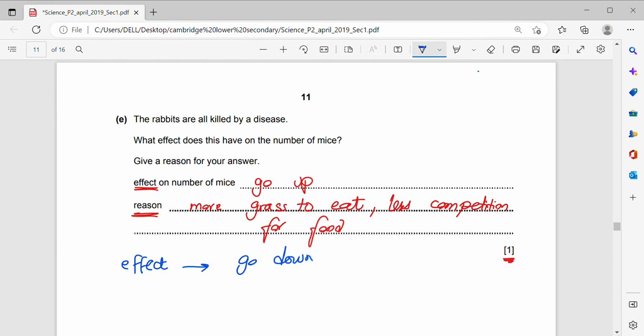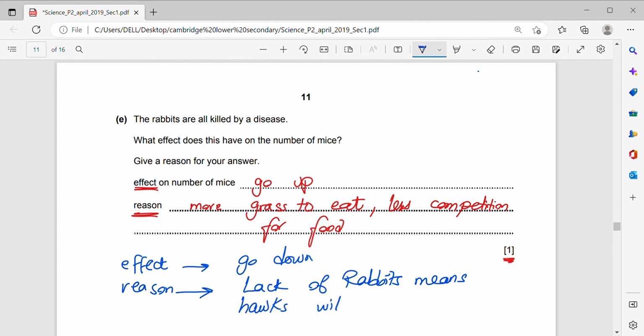The reason is the lack of rabbits, which means the hawks will need to eat more mice.